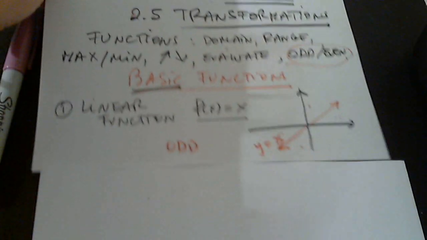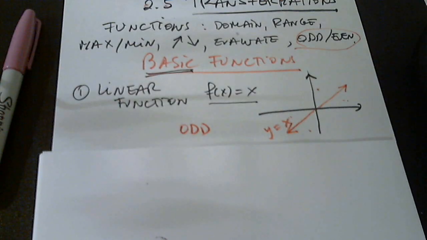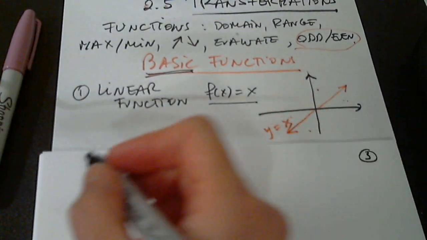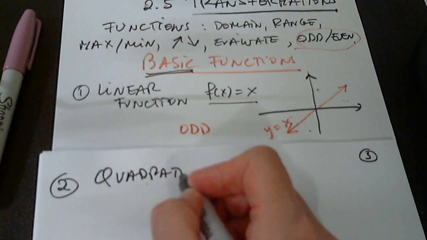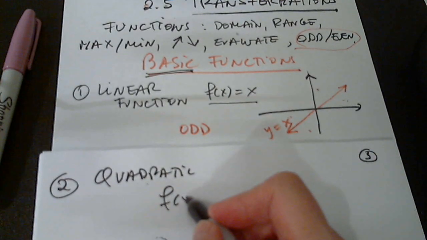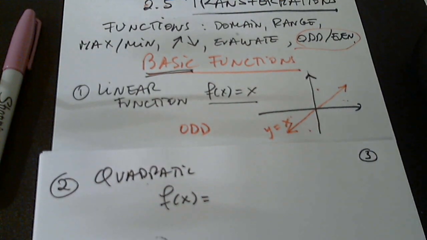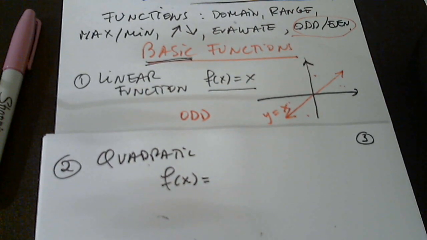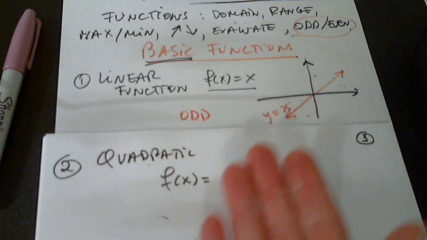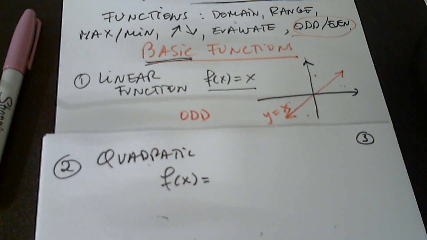Now let's look at the simplest possible quadratic. Second category, quadratic. Can anyone identify which is the simplest, the basic quadratic function possible? If the basic linear was x, what can the basic quadratic be?